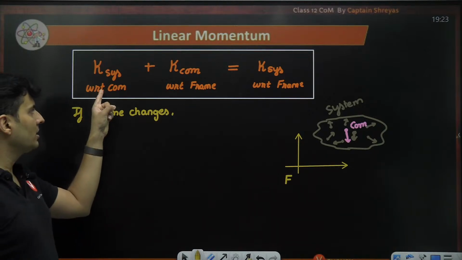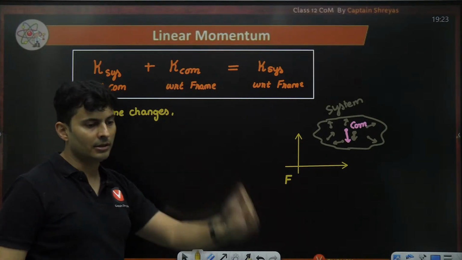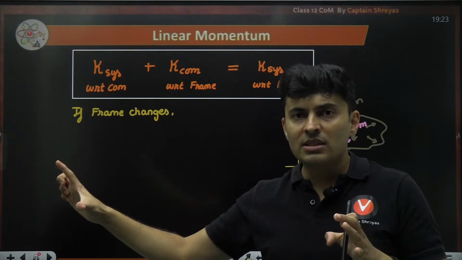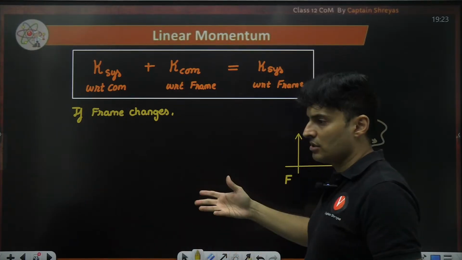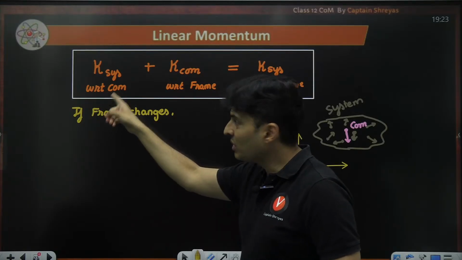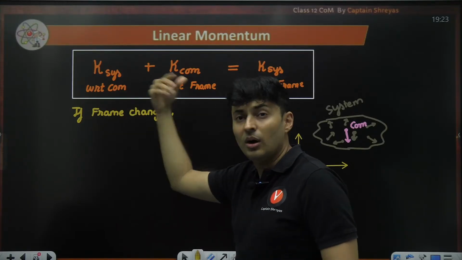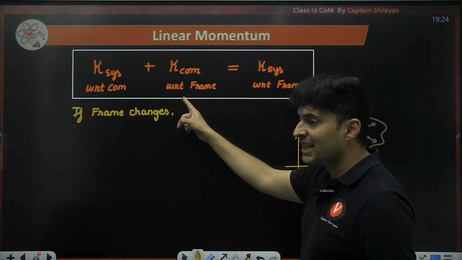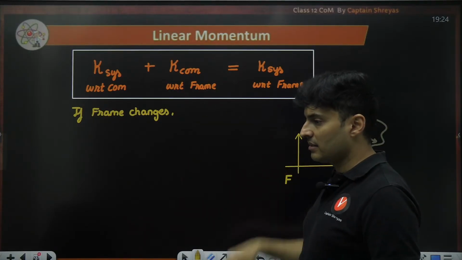Will this term change, first term, second term, or third term? Answer it in the chat box. I choose new frames. Which one will change? It's kind of obvious that this can't change because it's already mentioned as the kinetic energy of the system from the center of mass. So the only thing which can change is this and this.